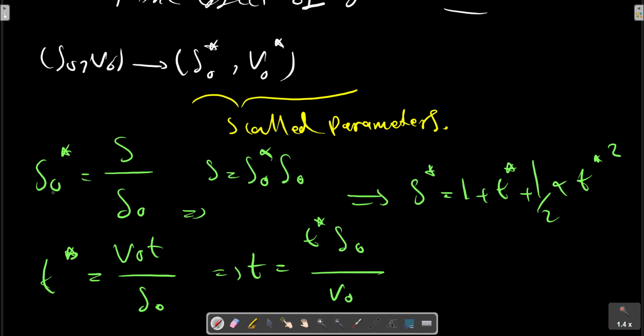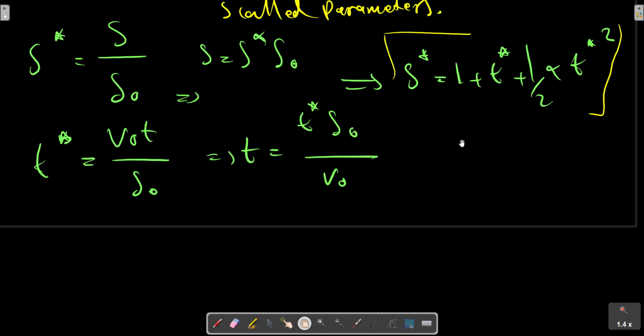Okay, this is S, and also here we have S. With replacing, we can obtain the relation which contains non-dimensional parameters and variables. In this relation, alpha equals G, which can be obtained with simplification.